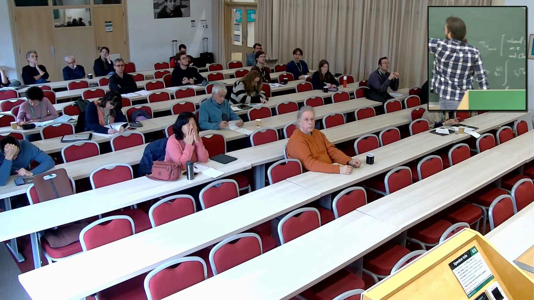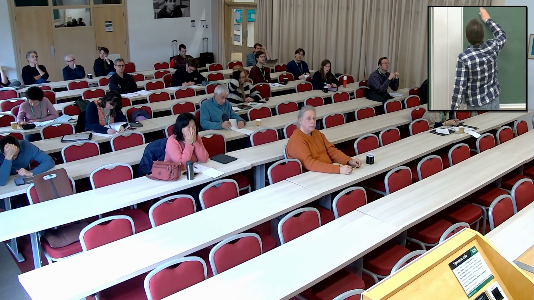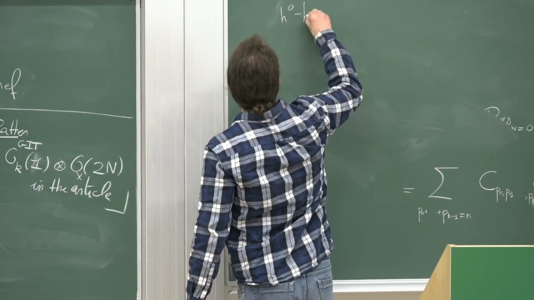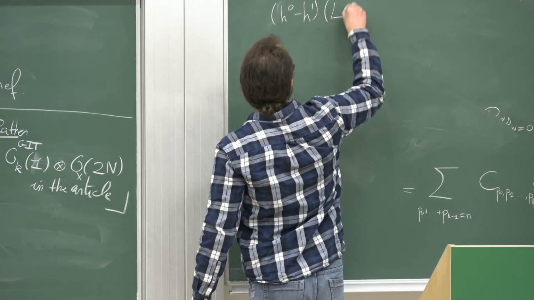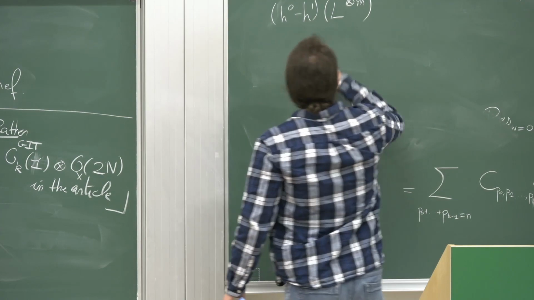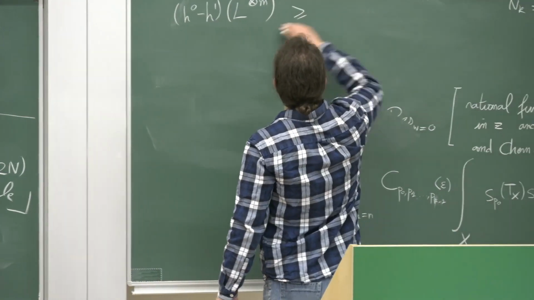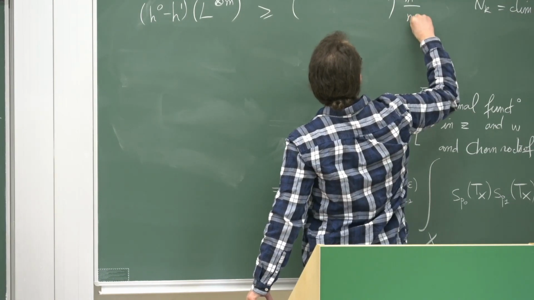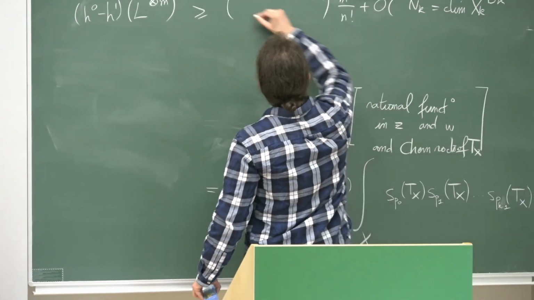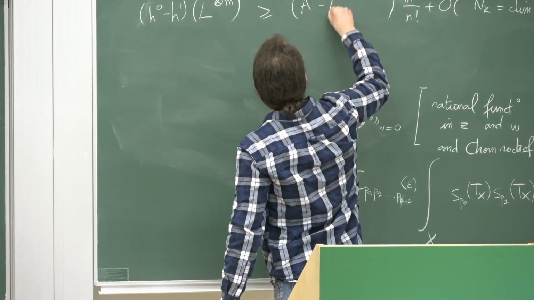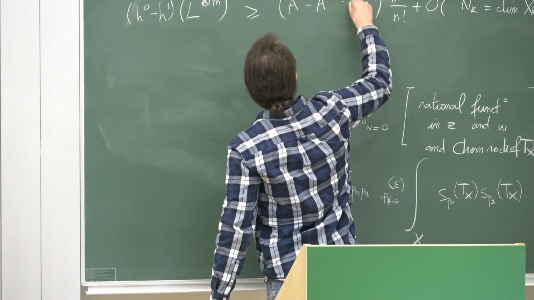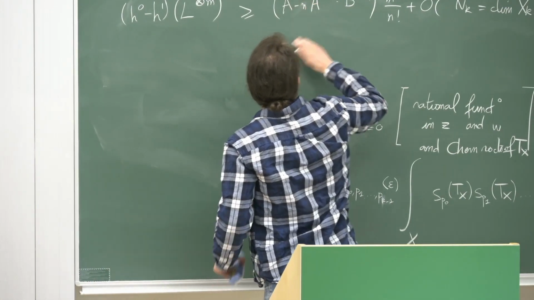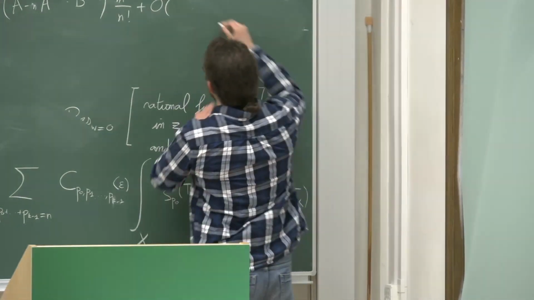So the true conclusion is that the H0 minus H1 of this L to the power m is larger than this coefficient times this, and there are some lower order terms.